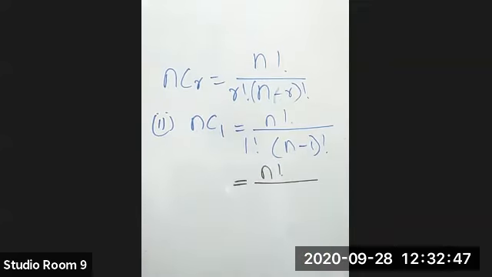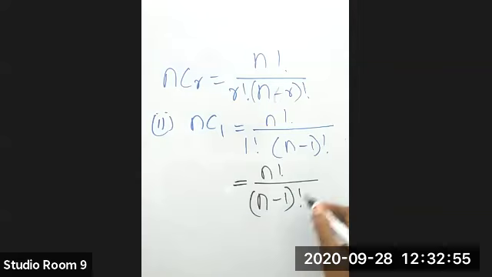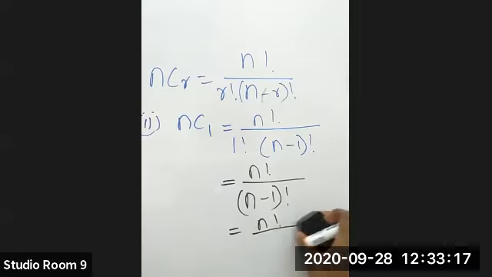What is the value of 1 factorial? Annette, what is 1 factorial? 1 factorial is 1. So it is n factorial by n minus 1 factorial. Now, as we have learned earlier, which is bigger, n or n minus 1?